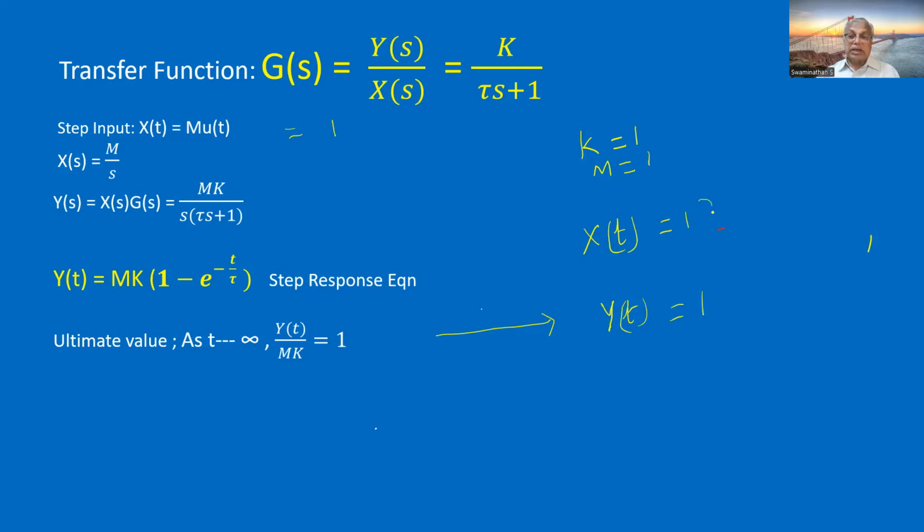That is, when you change the magnitude of the input by 1, the same change in magnitude occurs in the response when t equals infinity. The change in response equals the change in the input.